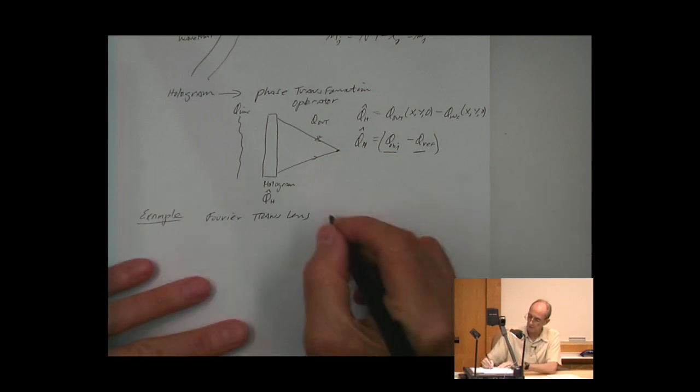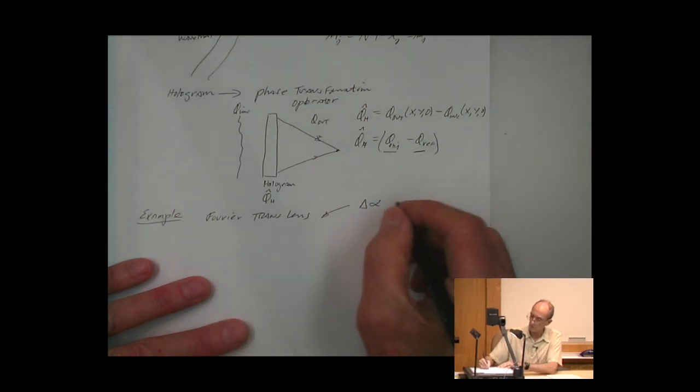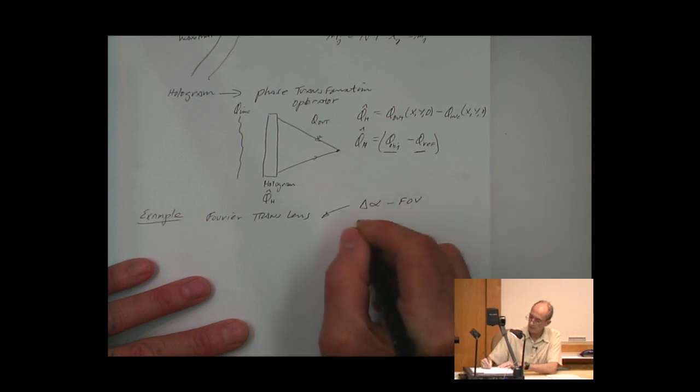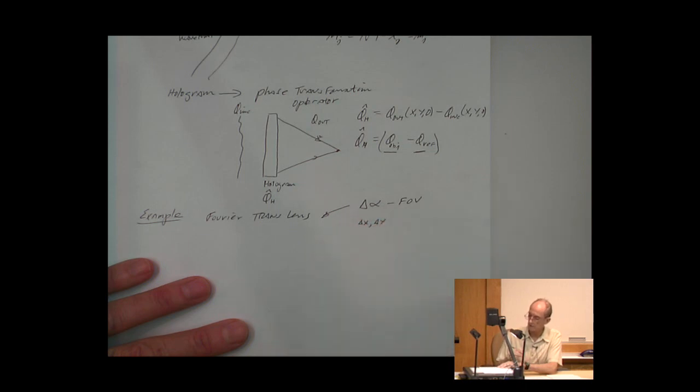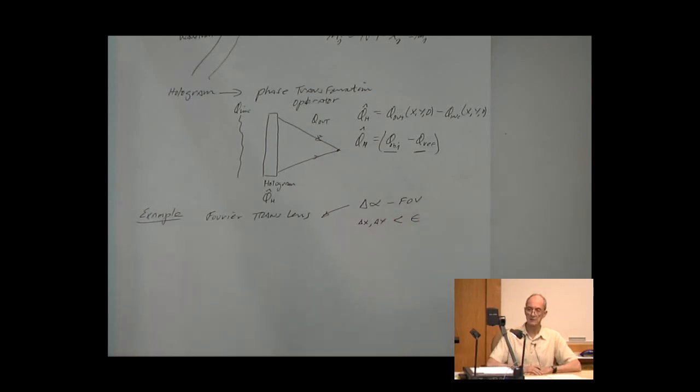Okay, so we have a field of view, a delta alpha, say, and we need to have a delta x or delta y, which is our image point, less than some epsilon, all right?